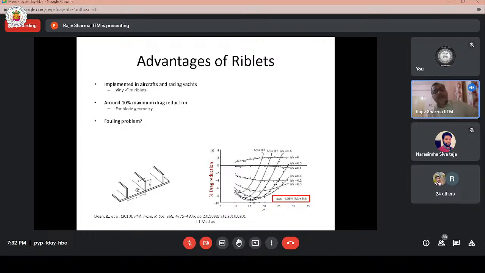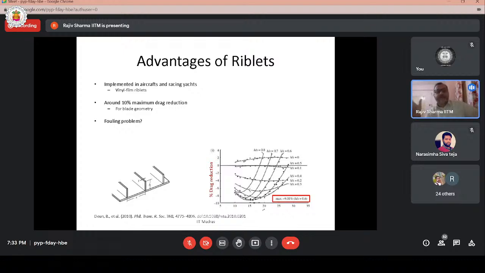And thickness is also important from one more perspective, that thickness should not be too low, otherwise, with the flow pressure or with the force coming because of a particular flow velocity, the riblet will have a tendency to bend. And if the thickness is low, it can bend permanently. It can have plastic deformation. So it is important for us to understand that the thickness is important from the structural point of view also.